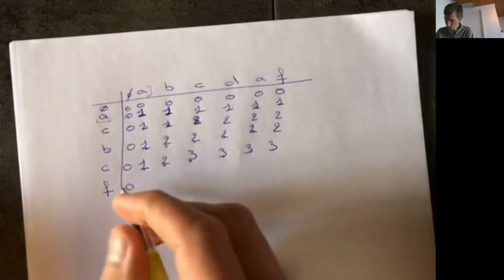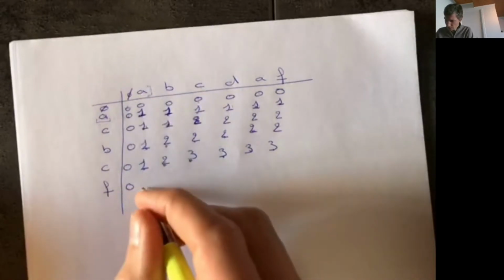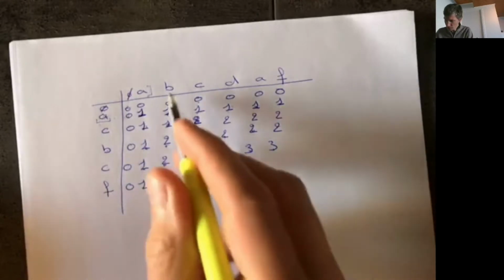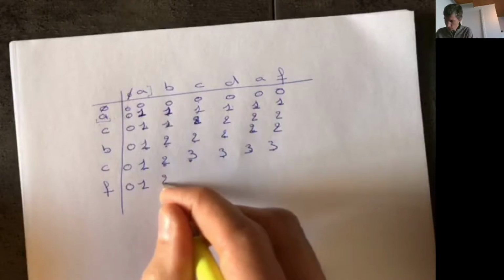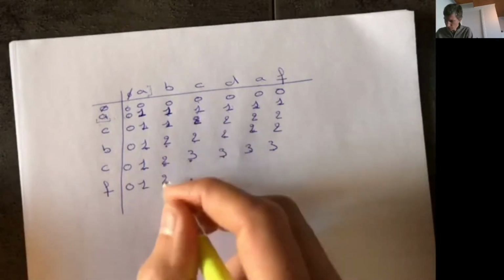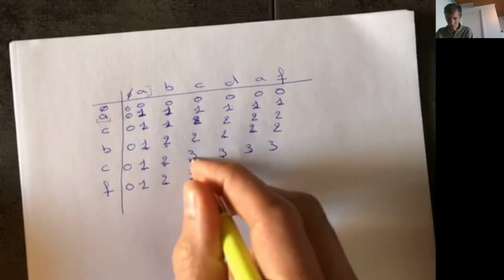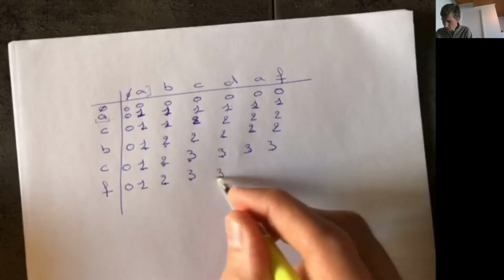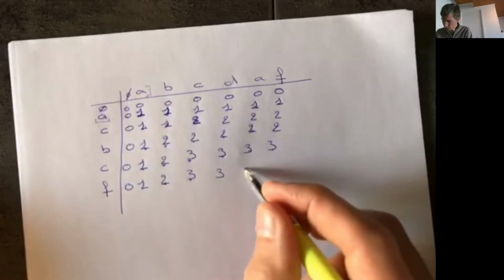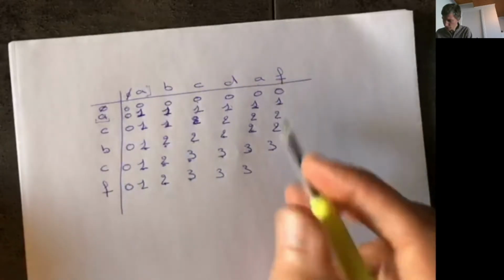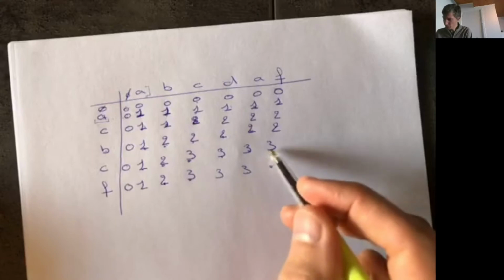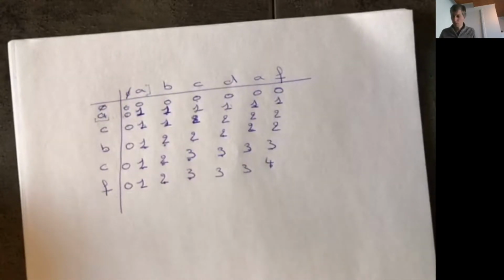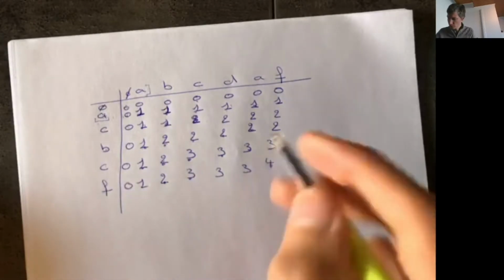And then for the last one, F is different from A, so I have 1. F is different from B, so I have 2. F is different from C, so the maximum of 2 and 3 is 3. F is different from D, I have 3. Different from A, so I have 3. And here F is equal to F, so I take the maximum of 3, 3, and 3 plus 1, so this is here 4. Okay, and you can backtrack to find the solution, right?